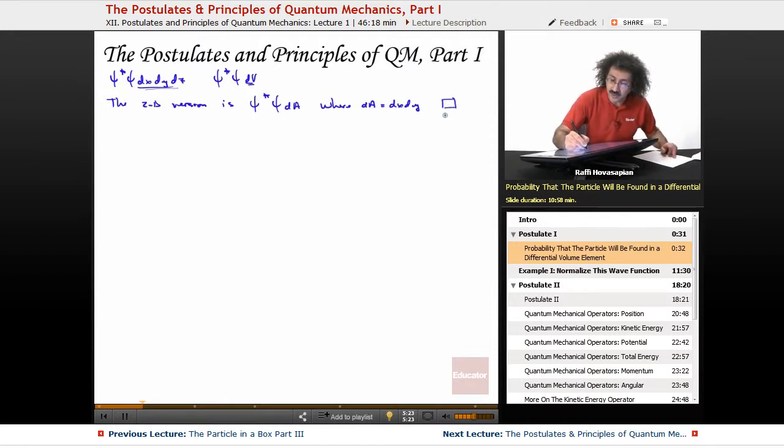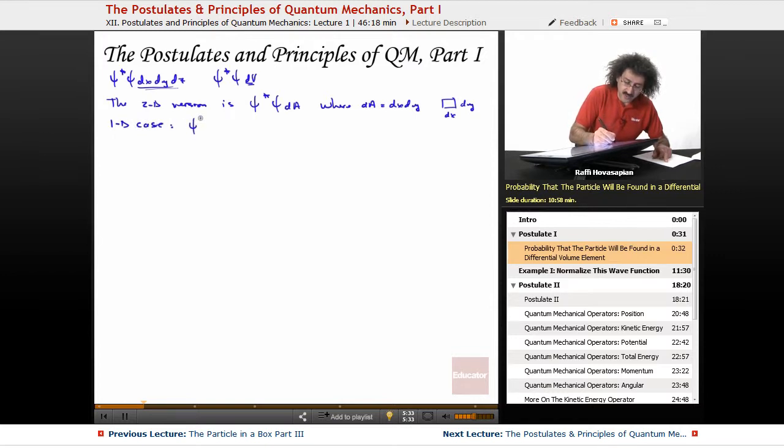A little differential area element where this is dx and this is dy, if we happen to be talking about 2 dimensions. And of course the one-dimensional case, well, we've actually seen all of them. This is just dx, where dx is some differential length element.